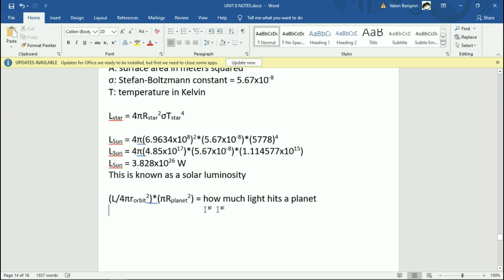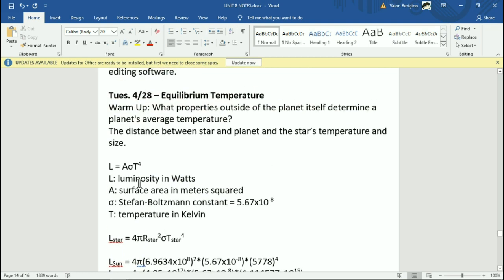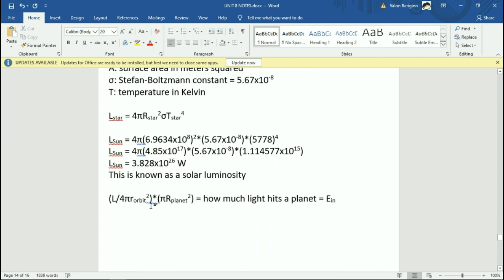And that energy going out, so I'll say equals E in. The energy going out is, again, this luminosity formula, but now for the planet. However, again, it's for the planet, and planets are spheres.